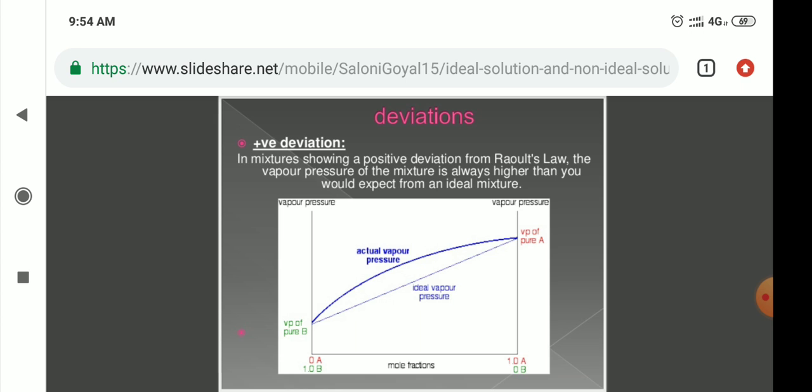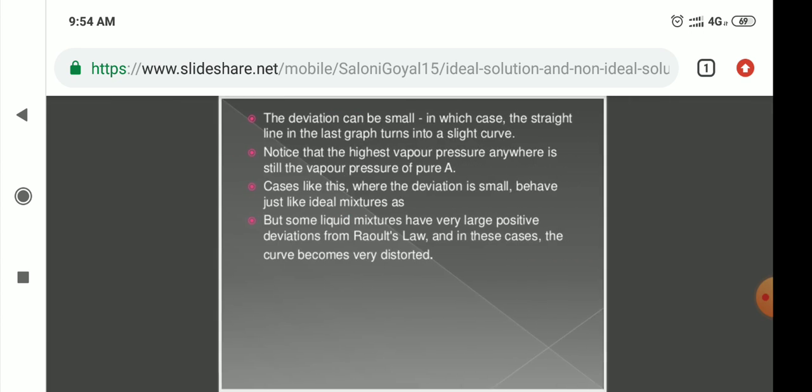The mole fraction of component A goes from 0 to 1 and component B from 1 to 0. The deviation can be small, in which case the straight line in the graph turns into a slight curve. Notice that the highest vapor pressure anywhere is still the vapor pressure of pure component A. Cases like this, where the deviation is small, behave just like an ideal mixture.